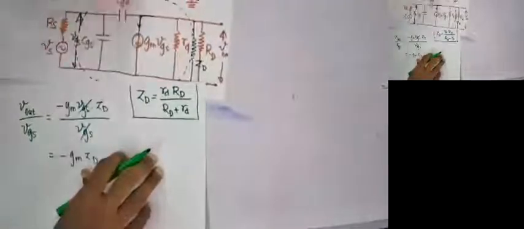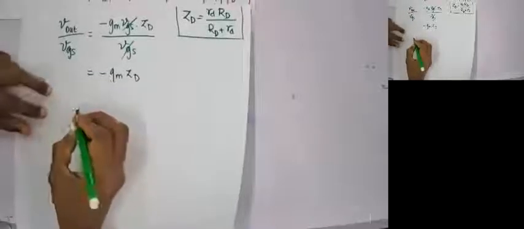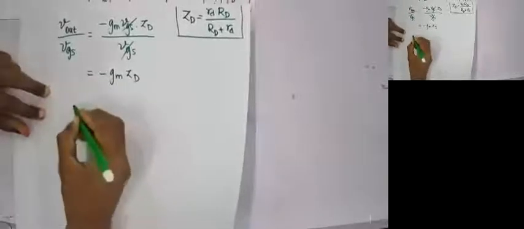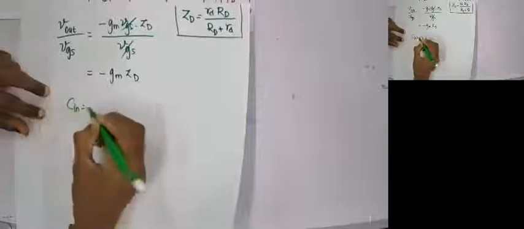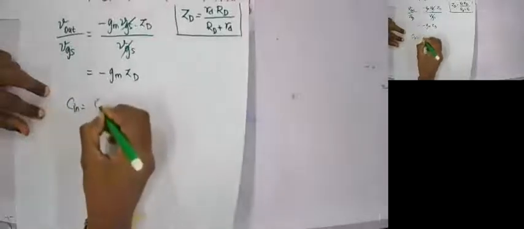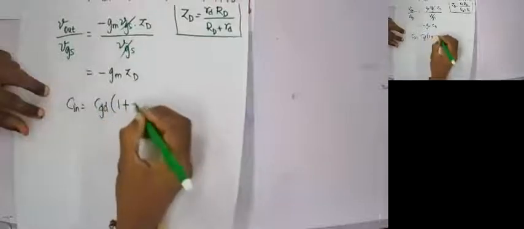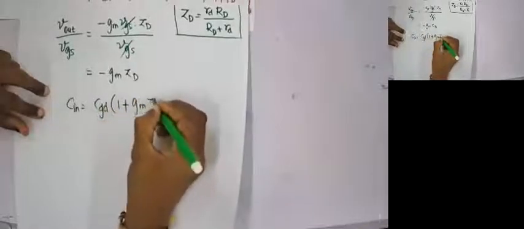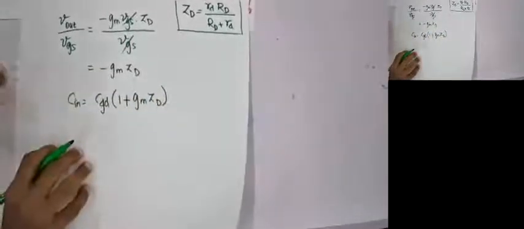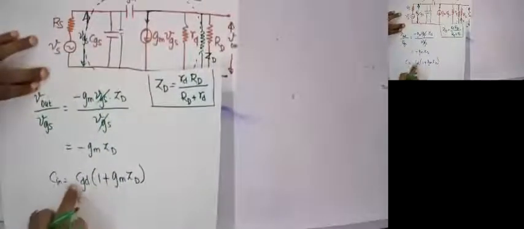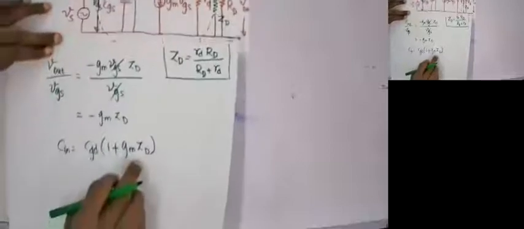The input capacitance is C in equals CGD into 1 plus GM into ZD.